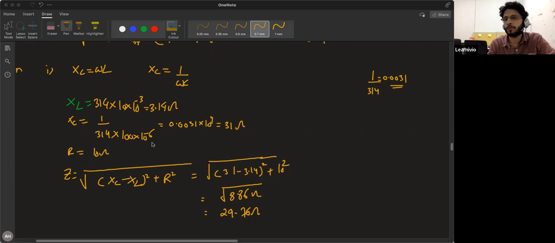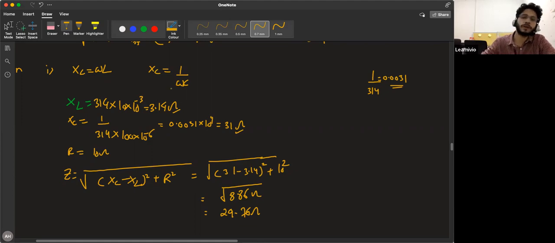They won't be in farad or in Henry. L will be in Henry, but when you take omega L, it will be ohm. C is in farad, but when you take 1 by omega C, it's ohm. Yes, sir. XC, XL, and R all have the same units, all are resistance.